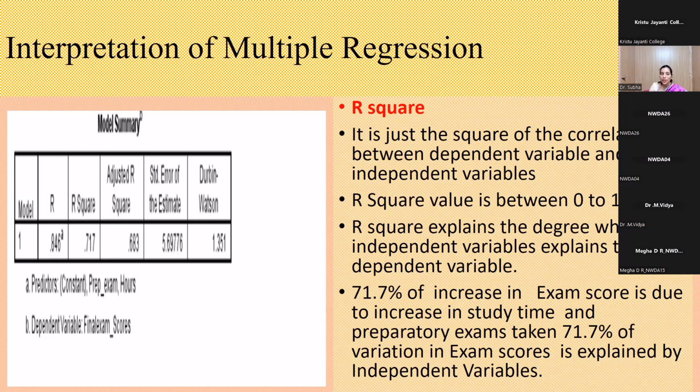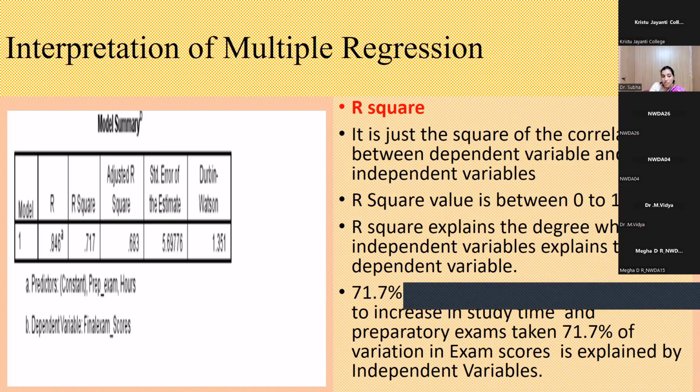These two independent variables are highly explanatory. 71.7% of the variation in the exam score is explained by these two independent variables, so R square is also quite good.